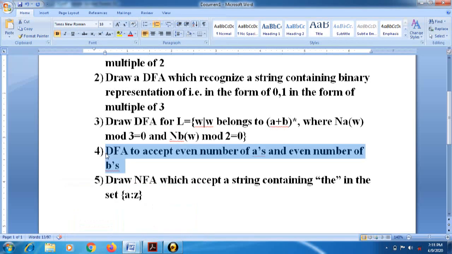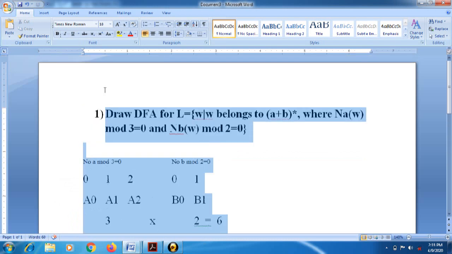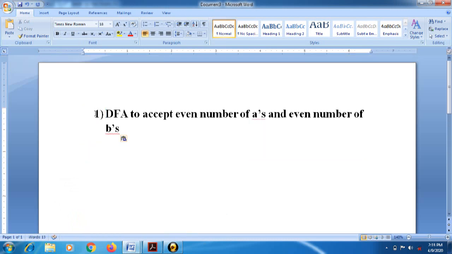So first of all we will take this example. Now see how to first of all divide it into two parts. Here it contains an even number of A's as well as an even number of B's. Right now we have seen one example, even multiple of 2. It means that comes under the category of even number of values.